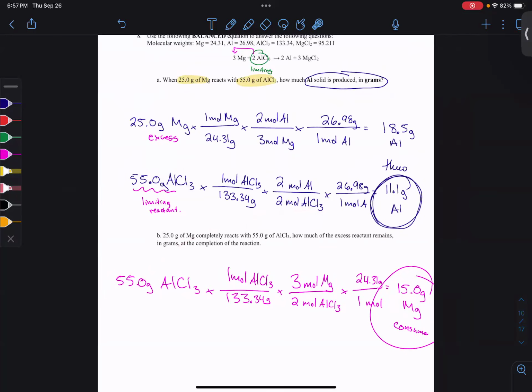No, my answer is actually what? 25 minus 15, so 10 grams of magnesium is gonna be left over. That's the answer, all right? So if you do all this work and you get a negative excess amount left, that means you picked the wrong limiting reactant, right?